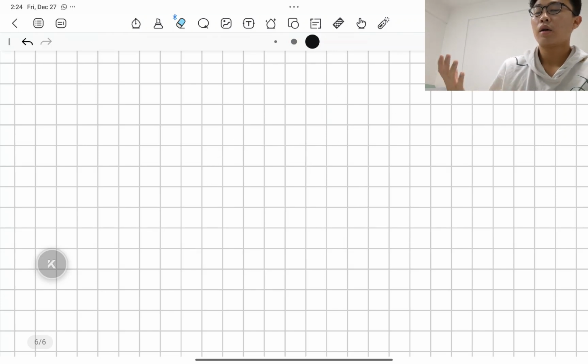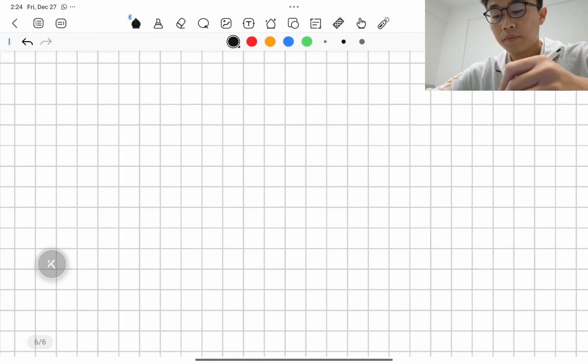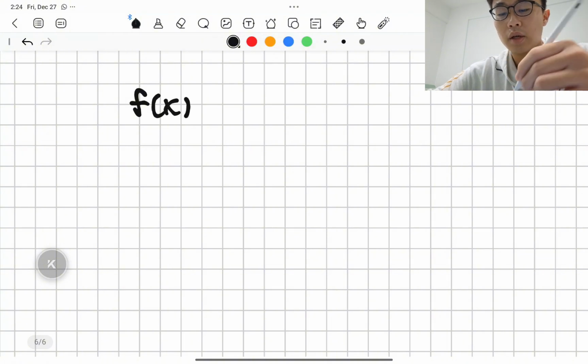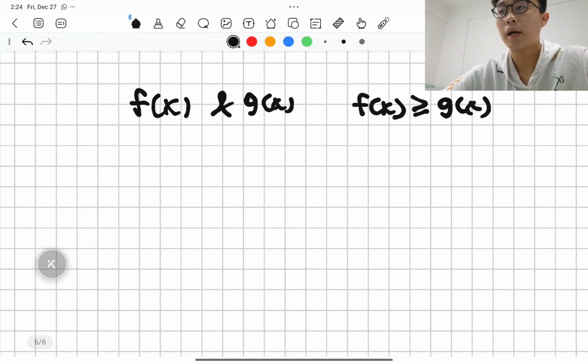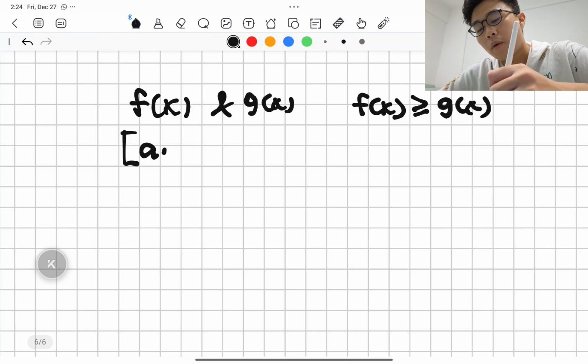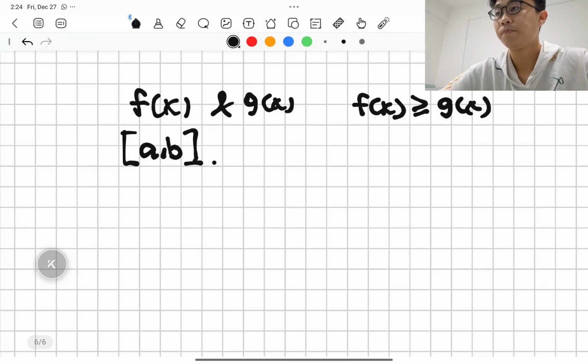So, suppose we have functions f(x) and g(x), where f(x) is greater than or equal to g(x), and they must be continuous and non-negative functions over the interval [a, b].